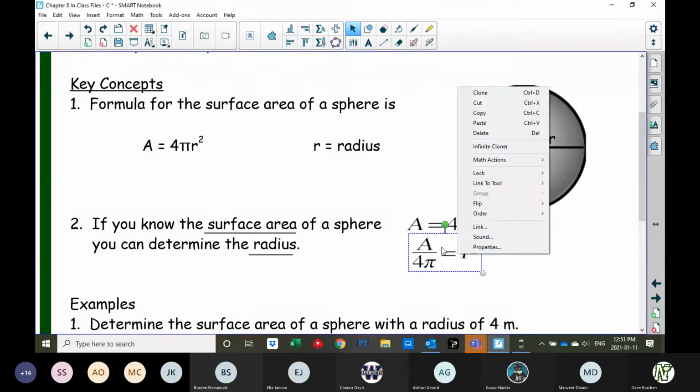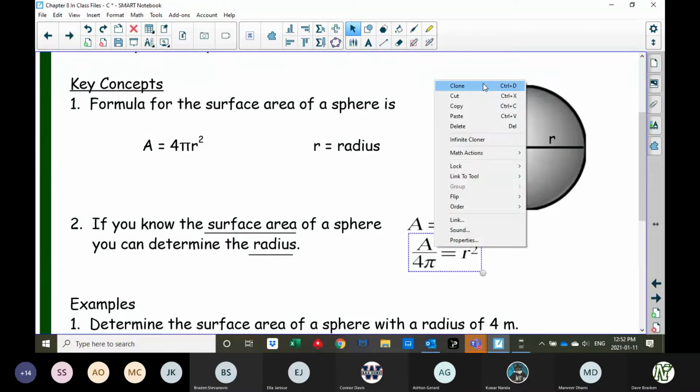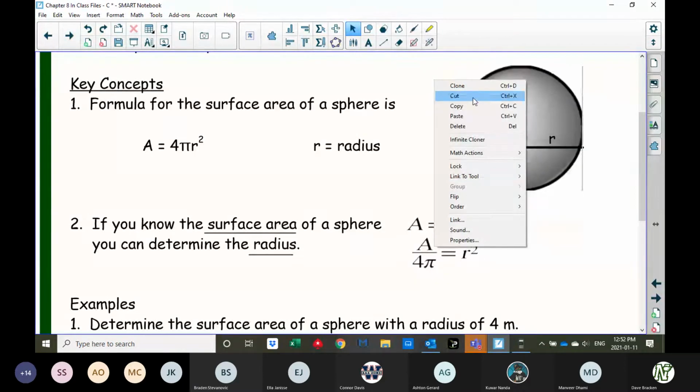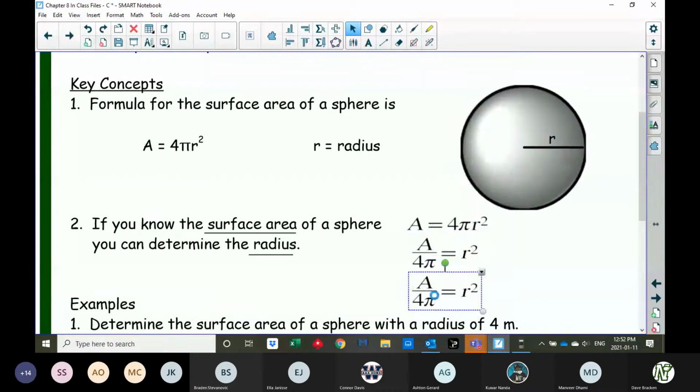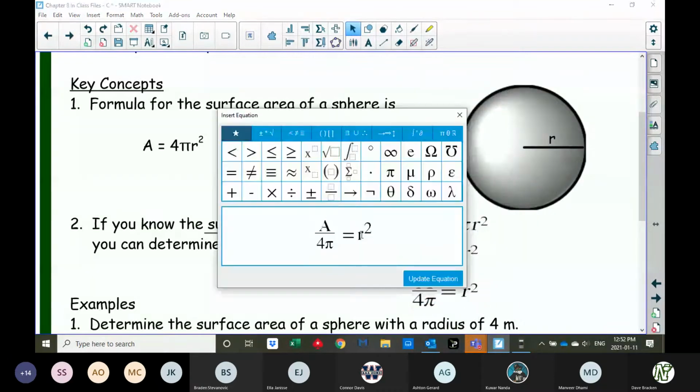We're going to take everything, clone it. The only thing we're going to do is get rid of this squared. But on this side, how do you undo a square? You square root it.